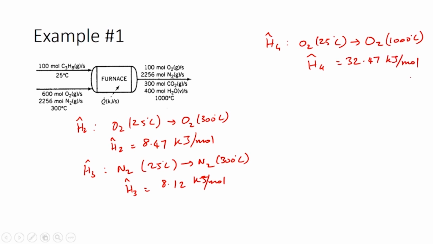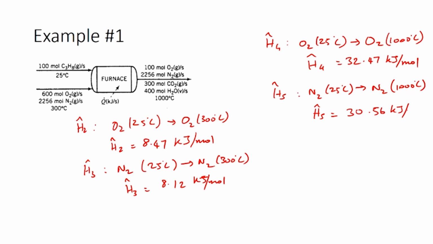Again this value can be obtained from the combustion gas tables for enthalpy, and H5 cap would be a similar value for nitrogen, nitrogen at 25 degrees Celsius reference going to nitrogen at 1000 degrees Celsius which is the exit stream. So, H5 cap would be equal to 30.56 kilojoules per mole.